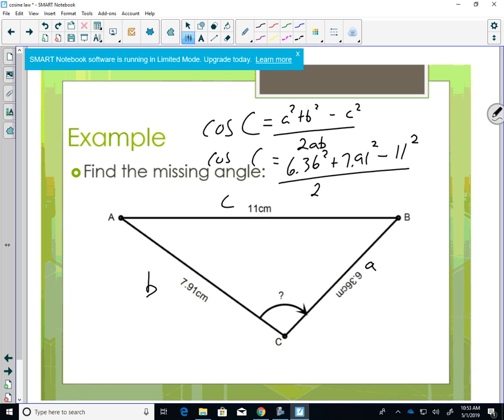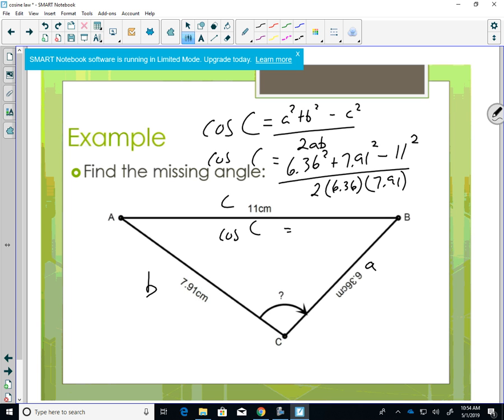Maybe you don't need brackets. You just have to go 2 times, so that's 2 a and b. That's going to be the 6.36, and then the b.